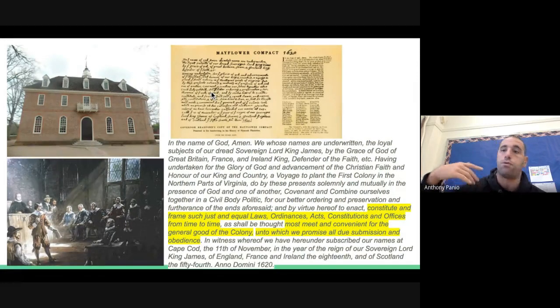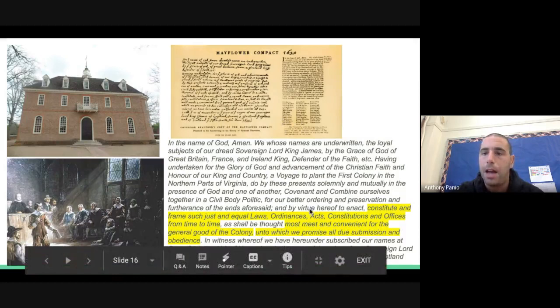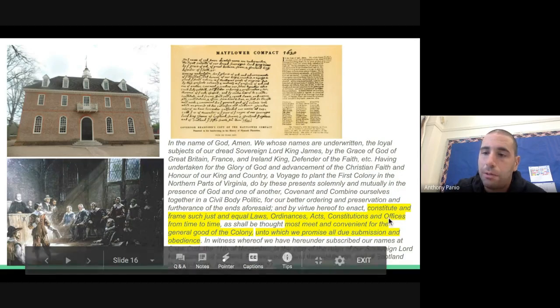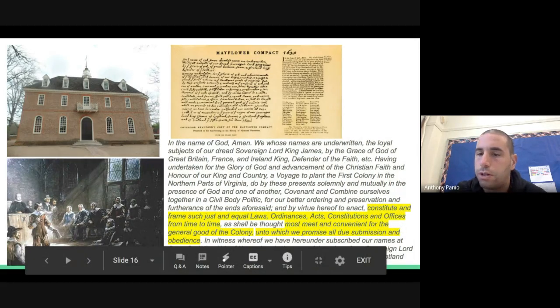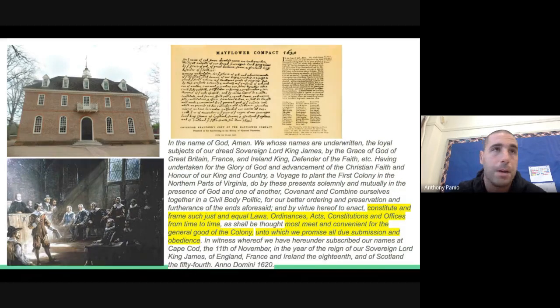All right, this is the Mayflower Compact. You see it's not overly long, written in 1620. If you're looking here on the right, these are the names that signed it. I just kind of gave the reading here. It's something you have to write down, but if you just look at what I highlighted: "Constitute and frame such just and equal laws, ordinances, acts, constitutions from time to time."